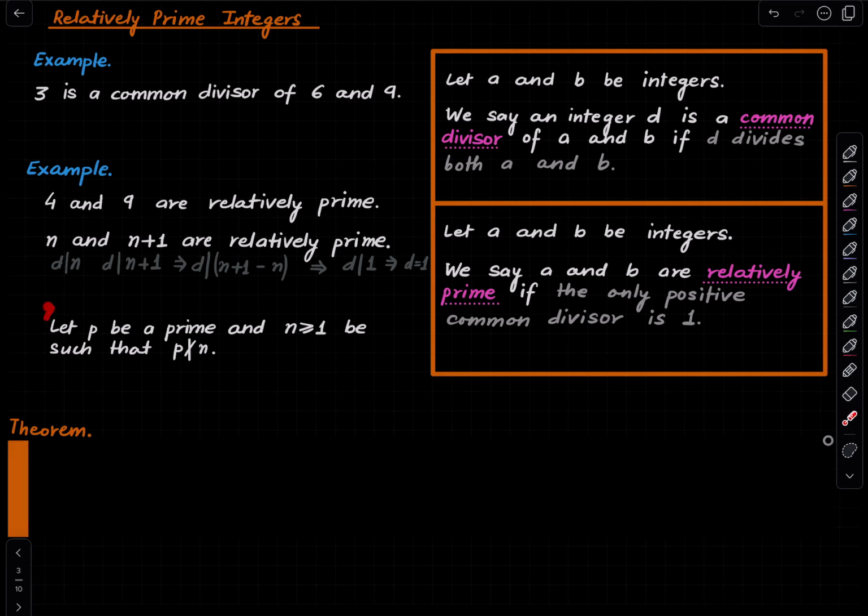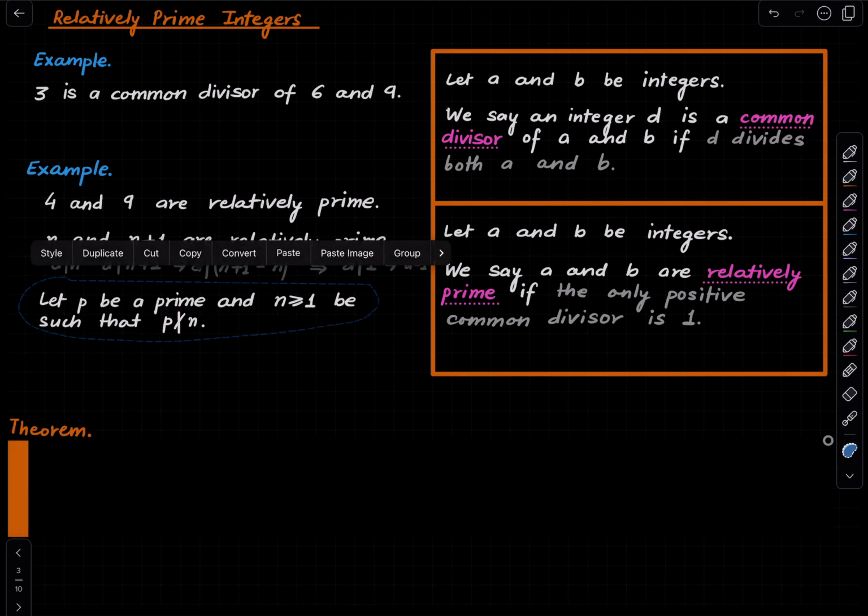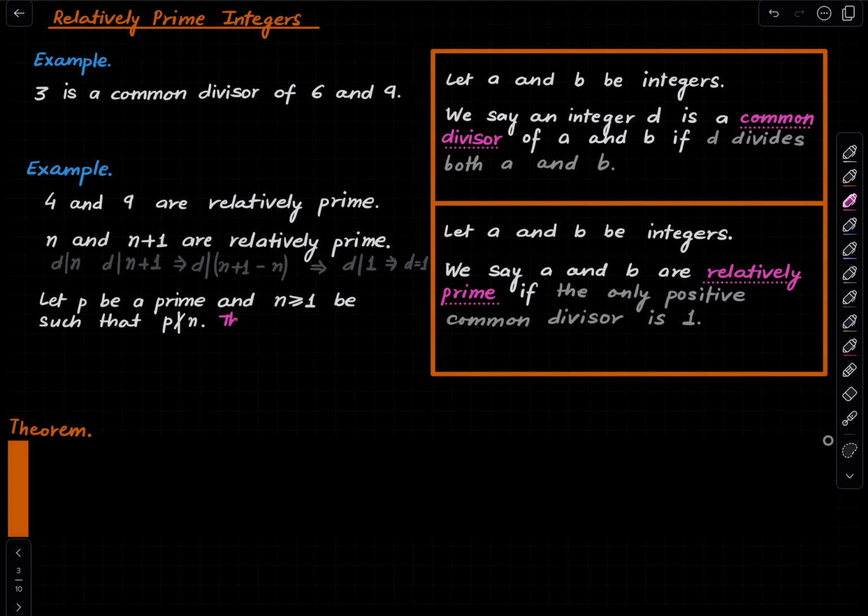Here is another class of examples. Suppose p is a prime number and n is some positive integer such that n is not divisible by p. Then we claim, and this is more like a lemma, that p and n are relatively prime.